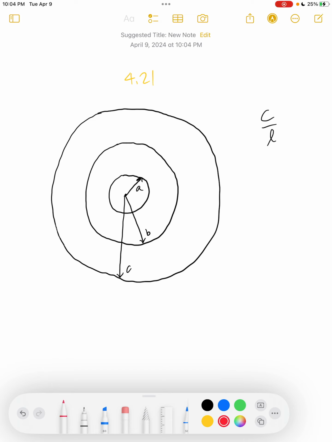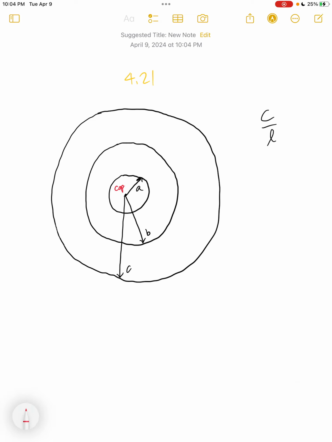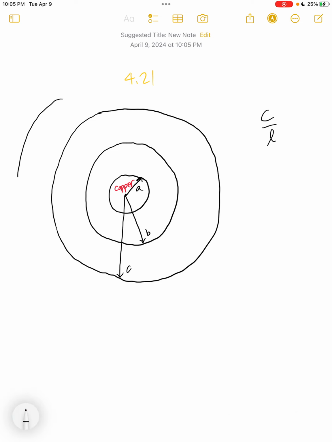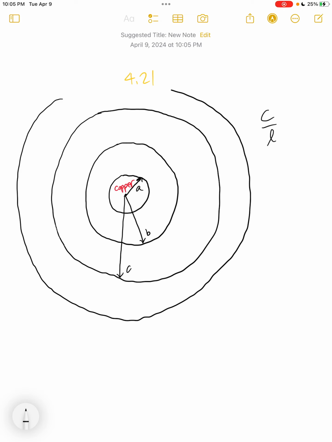And we've got copper here, right? I want to just make one up to kind of visualize the situation better. They only give us the inner radius of the copper tube, but just to help us understand the situation better, I'm just going to make up some outer radius for this copper tube.